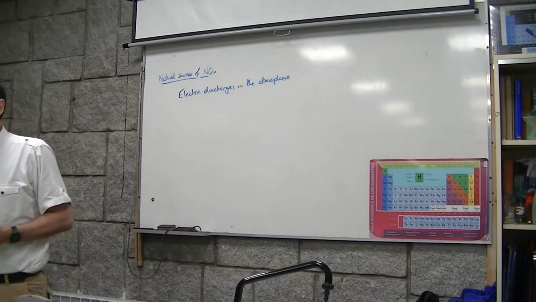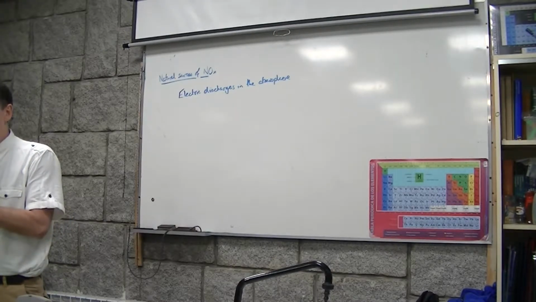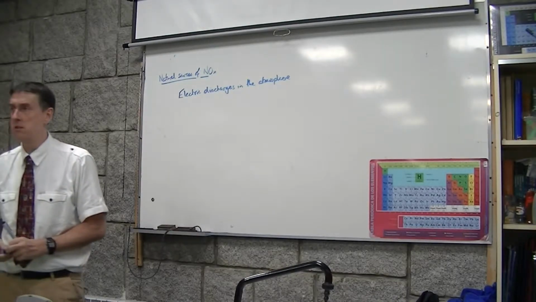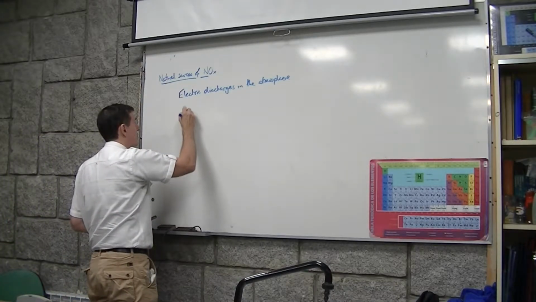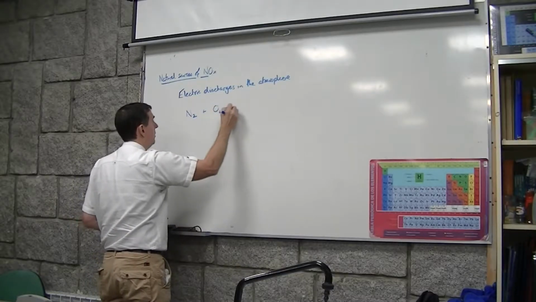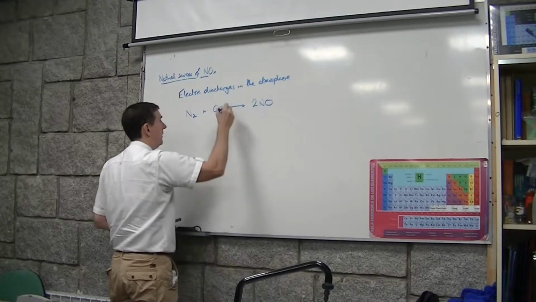An electrical discharge might have temperatures of several tens of thousands of degrees in the very localized point or channel where the electricity passes. And so electrical discharges are sufficient to bind together N2 and O2 to make 2NO.